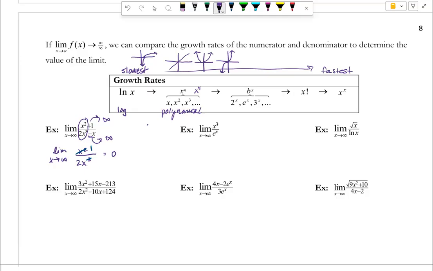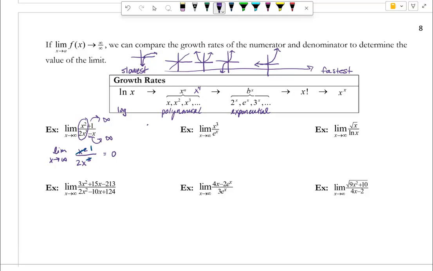All right, so polynomial functions grow faster than logarithmic functions, but faster than that still are going to be our exponential functions. So we know exponential functions start off flat, but then they get really steep really fast. And again, this is end behavior. So we're not worried about what's happening at values of x close to 0. We're worried about what's happening to the function at huge values of x, close to positive or negative infinity.